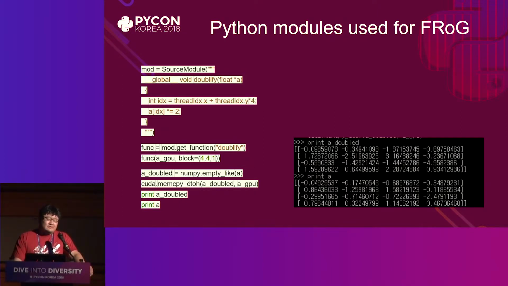And threadIdx.y corresponds to the second dimension of the matrix, so we are defining 16 CUDA cores that are going to work here. And finally, we run the code, and after we see the result, we can see that the matrix is doubled automatically.